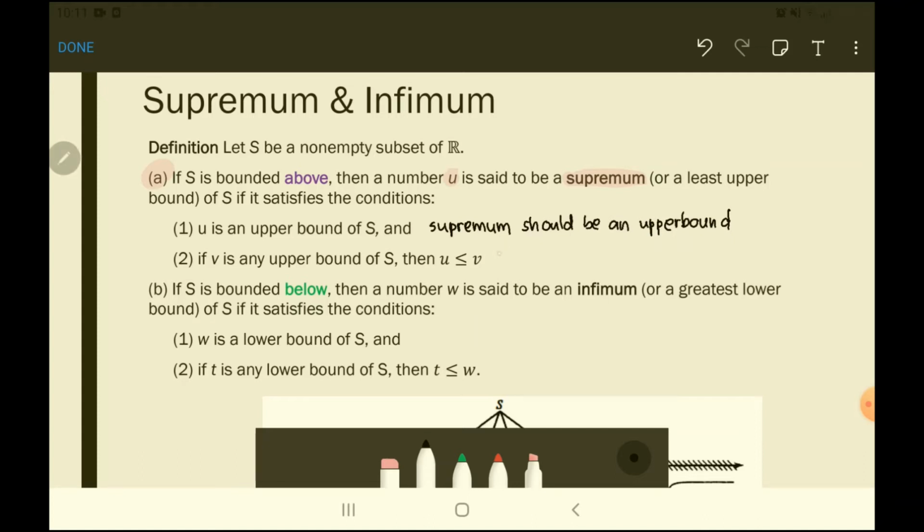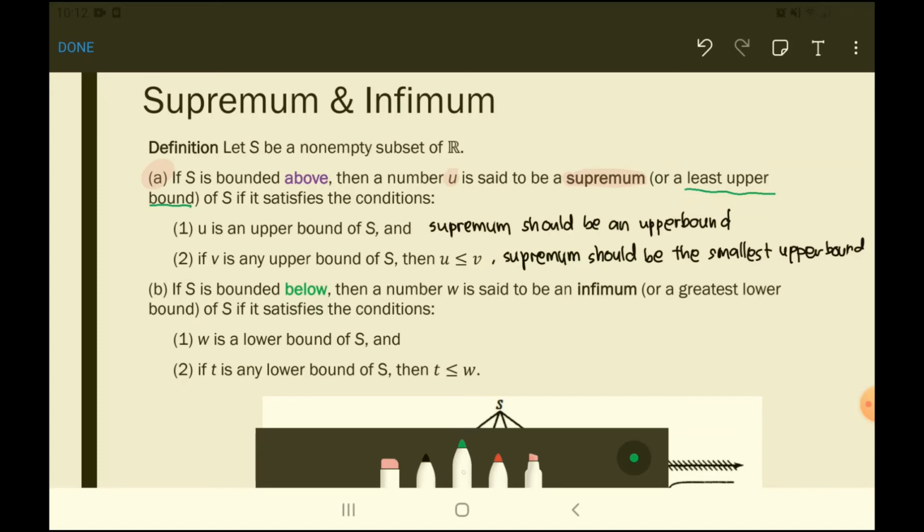So that means supremum should be the smallest upper bound. So the idea of supremum, or least upper bound, as its name says, is an upper bound that has the smallest value among all upper bounds.